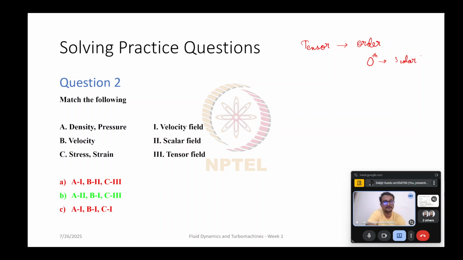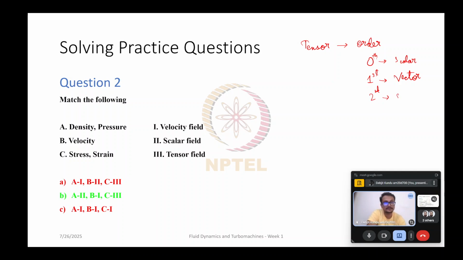So a zeroth order tensor is a scalar. So it has just magnitude. Then comes tensors of the first order, in which you'll need both magnitude and direction. So that's what a vector is. Then as we keep going higher up in the order, stress and strain are of the second order.